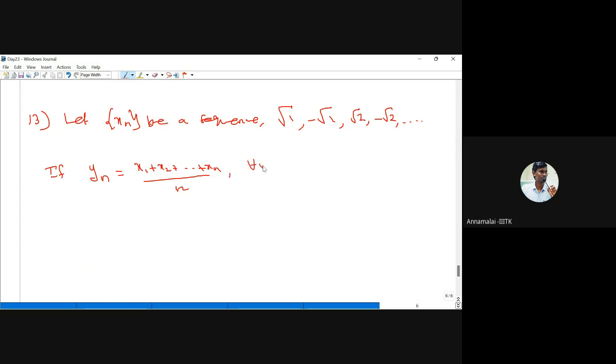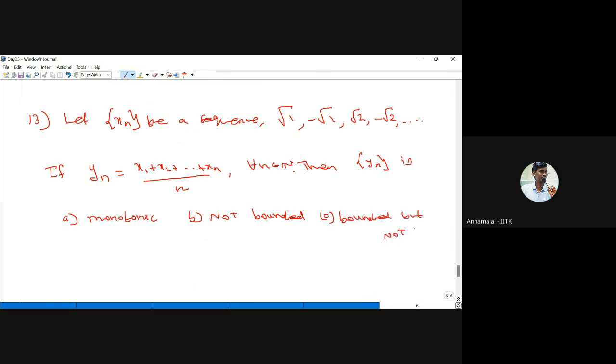It is defined for all n in N. Then the sequence yn is: first option, monotonic, that is either increasing or decreasing; second option, not bounded; third option, bounded but not convergent; and the last option, convergent.